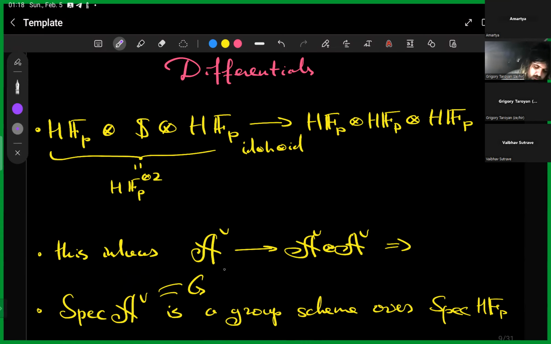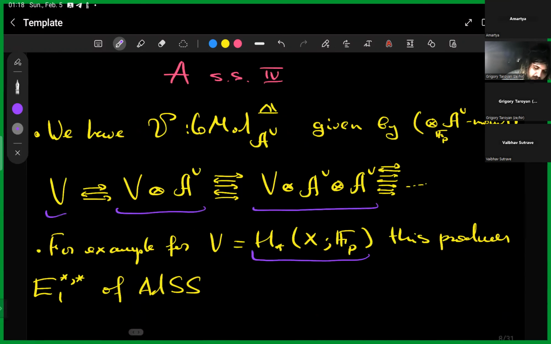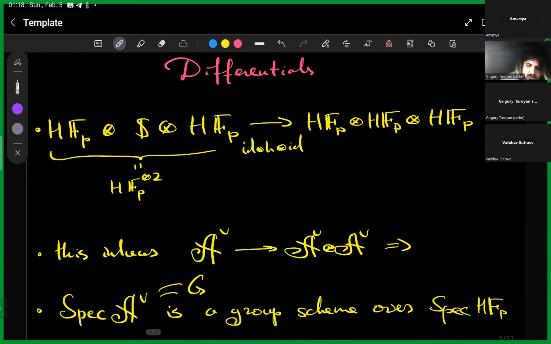And this induces a comultiplication on the dual Steenrod algebra, which means that, first of all, now we know how to take the structure maps in this cosimplicial object. But also it means that the spectrum of the dual Steenrod algebra actually has a group scheme structure over the spectrum of this Eilenberg-MacLane thing.